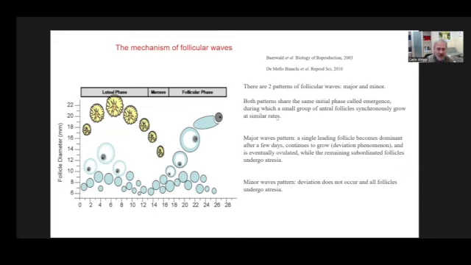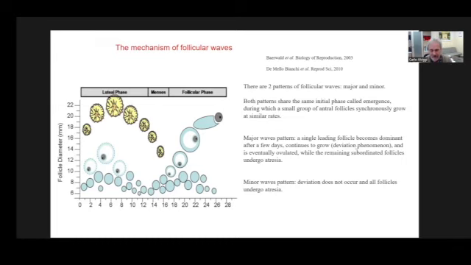In a major wave, we have the selection of a single dominant follicle that continues to grow, and when this follicle becomes dominant, we talk about the deviation phenomenon, and this deviation can reach real ovulation. The other follicles go to atresia.